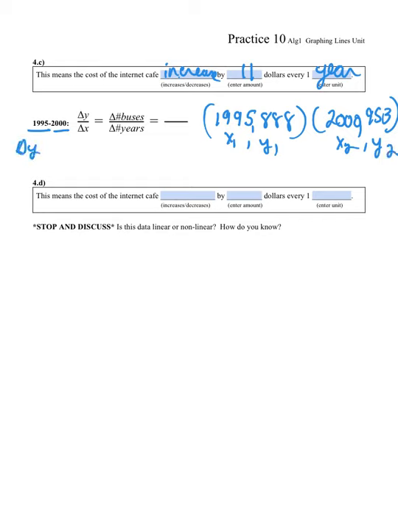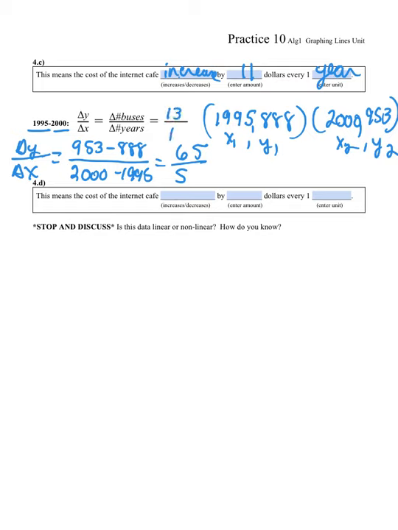We're going to do the change in y over the change in x, which is going to give us 953 minus 888 over 2000 minus 1995. Again, in the denominator, we have a 5, and in the numerator, we have a 65. So when you reduce that, it's going to be 13. This means the number of trolley buses increases by 13 buses every year.